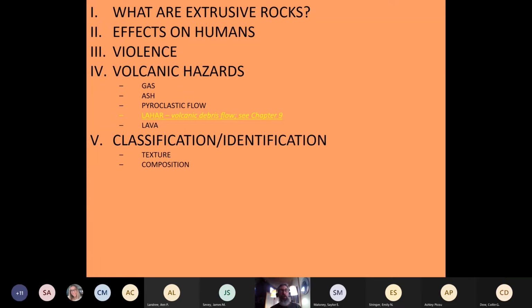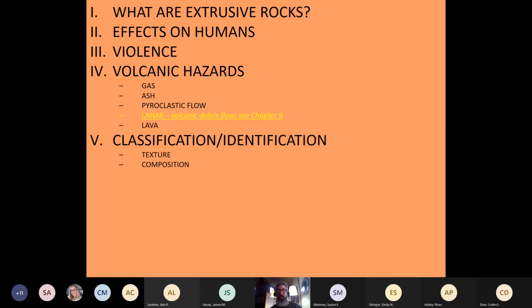But these things all will eventually solidify into volcanic rock, which we are going to study and identify according to their texture and their composition. So remember that so far we've been using texture as synonymous with grain size. We've been saying, what does texture mean? It means grain size.